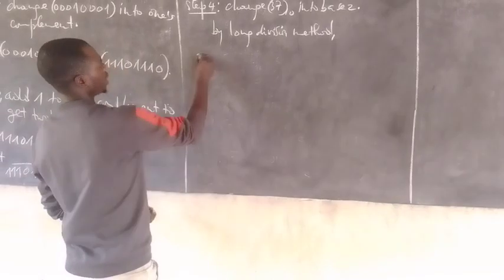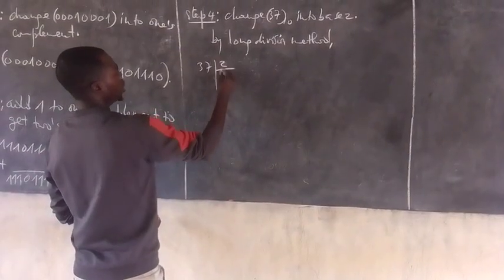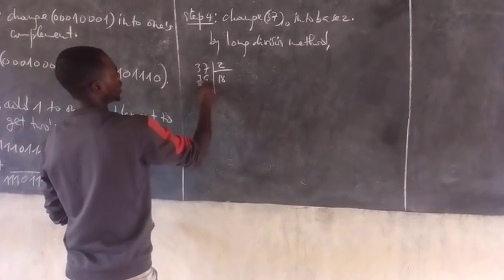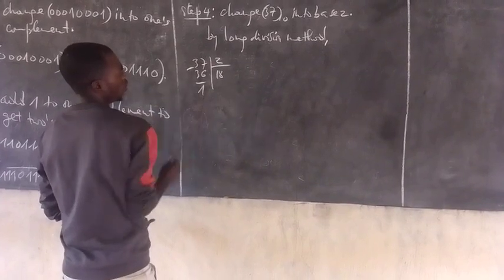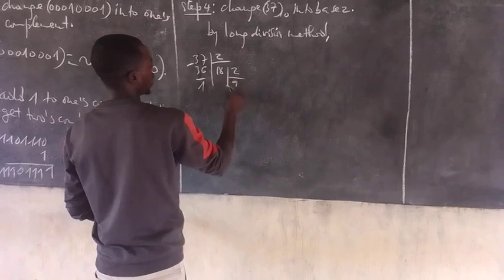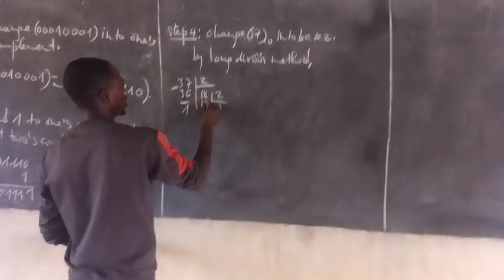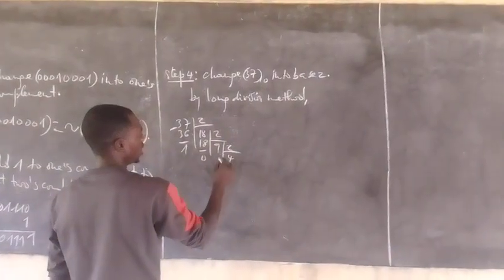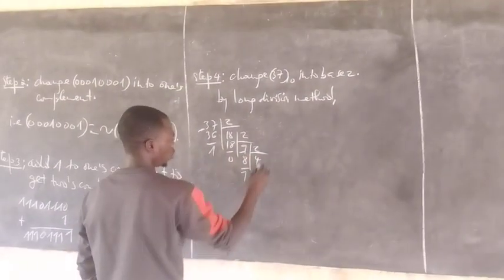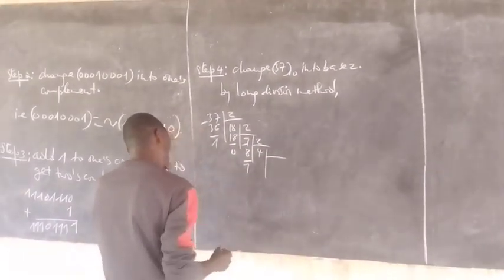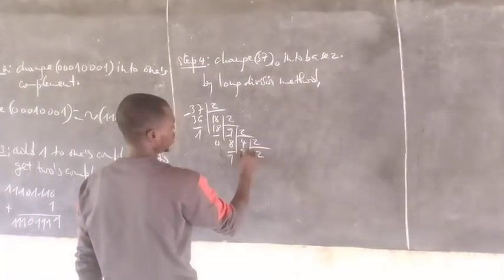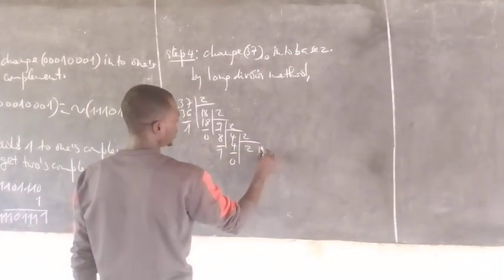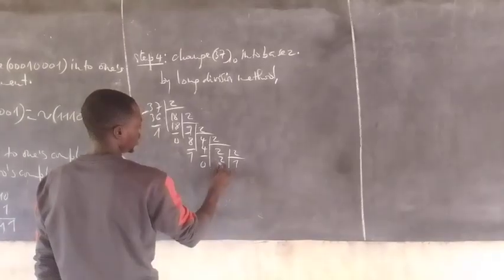You take 7 divided by 2, that is 3 remainder 1, then 3 divided by 2 is 1 remainder 1, then 1 divided by 2 is 0 remainder 1.